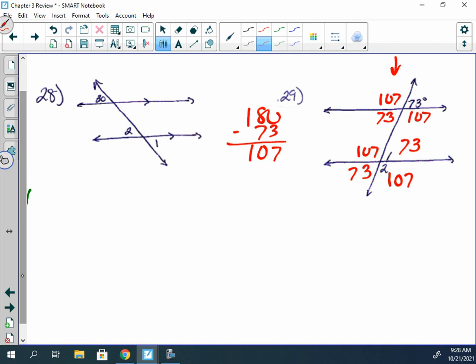Okay, well, it asks for the measure of angle 1 and 2. Well, what is the measure of angle 1? And what's the measure of angle 2? And that's it. So just by using those corresponding, alternate interior, alternate exterior, vertical angles or linear pairs, or we can use consecutive interior angles, we're able to find all of them, and hey, these are the 2 at once.